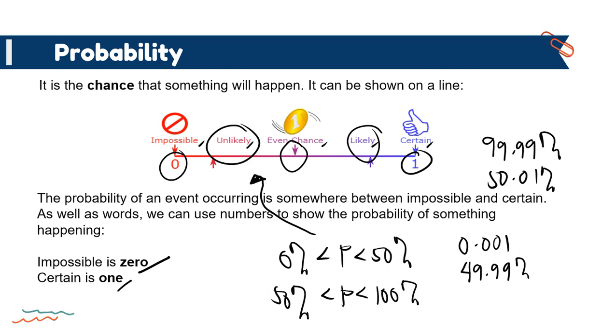Unlikely po is dapat less than siya sa 50% but greater than 0%. And that is in between impossible and even chance. Likely naman, that is less than 100% but greater than 50%, and that is in between even chance and certain. Okay? And that is the focus of our lesson for today, the probability line.